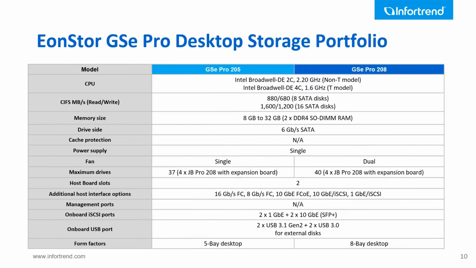Here shows the portfolio of GSe Pro desktop version. We use different CPU platforms for different series. The memory size is from 8 GB up to 32 GB DDR4 with 6 Gb per second SATA drive side. The desktop version comes with a single power supply, and the maximum amount of drives supported is 40.